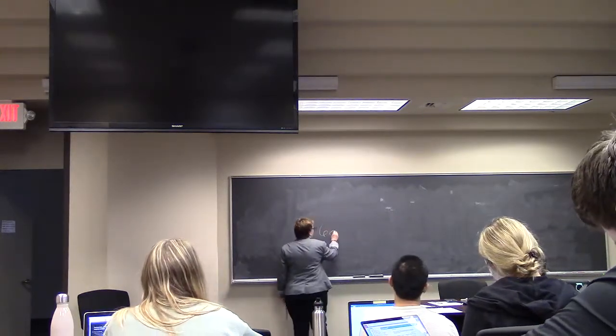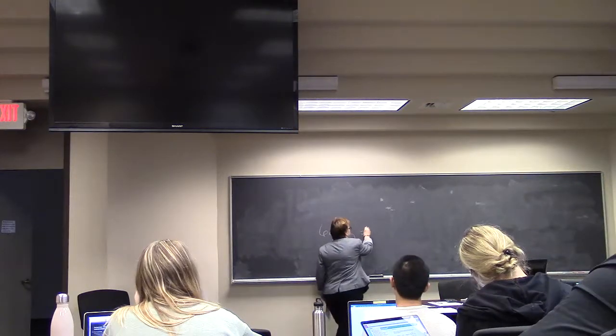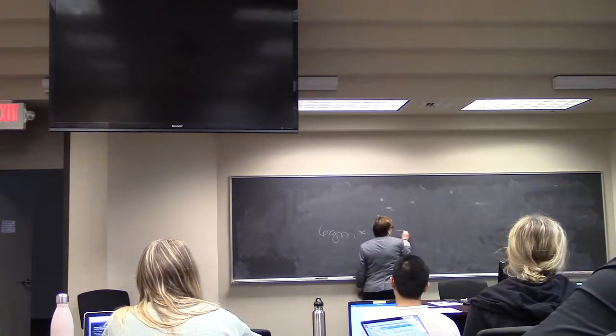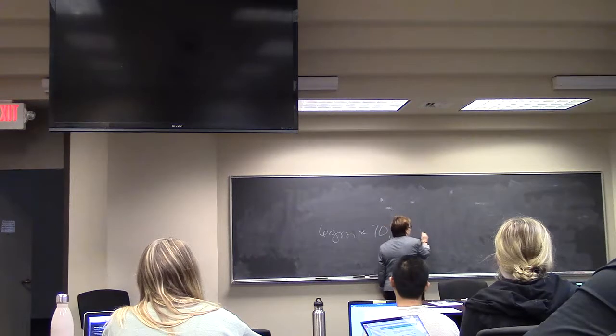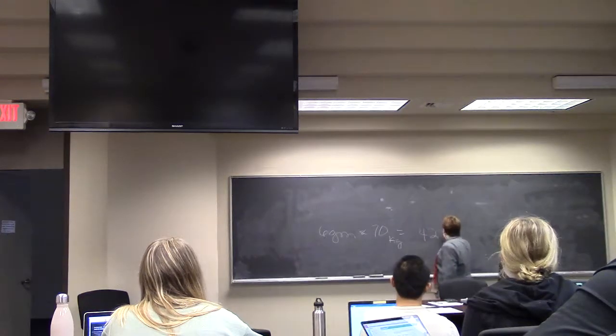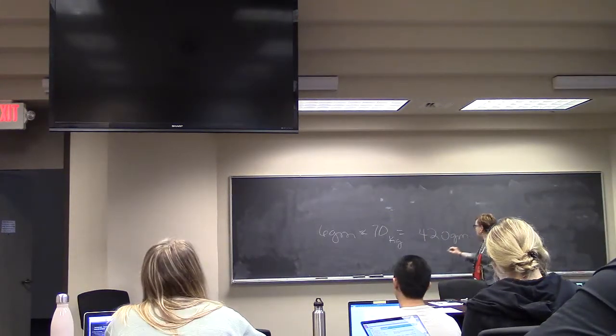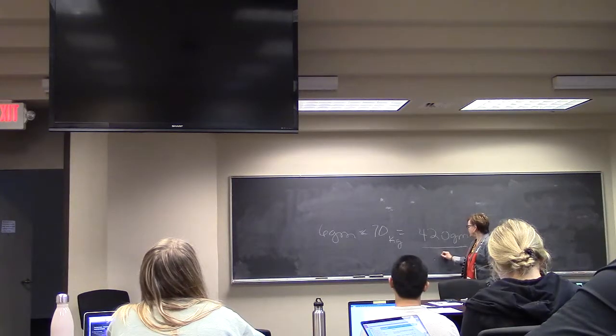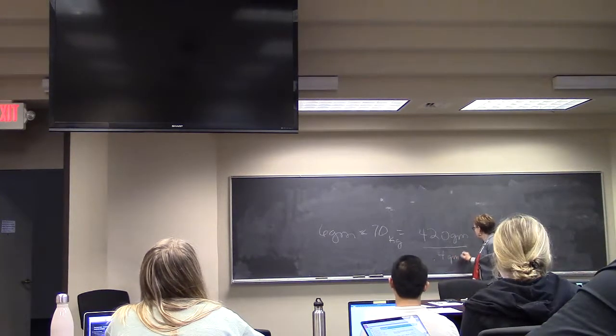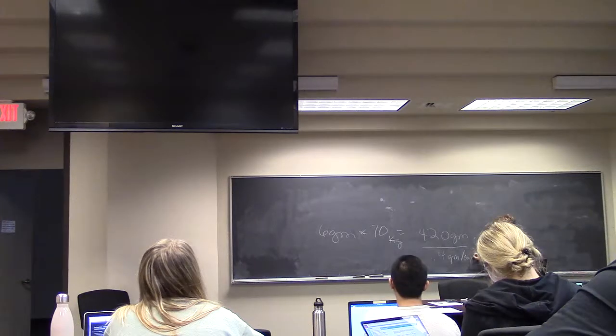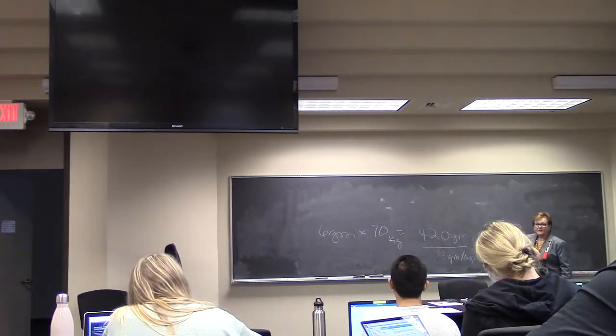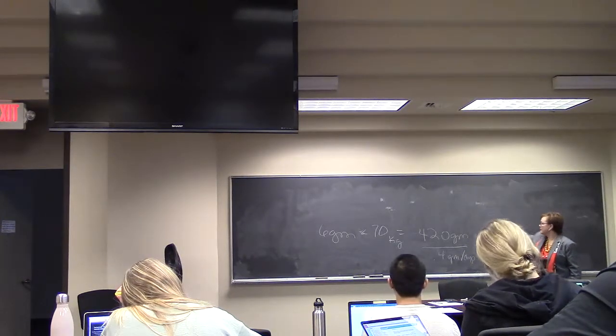So 6 grams per kilo times 70 kilos would be what? 420 grams, and you can take 0.4 a day. How many days is that? It's about 1,700, something like that.